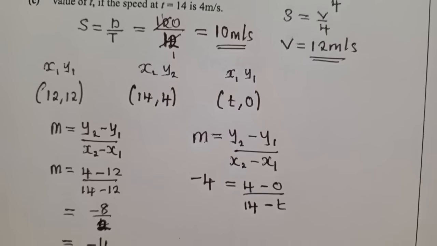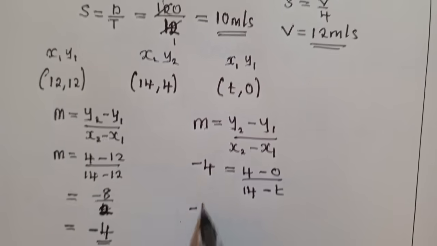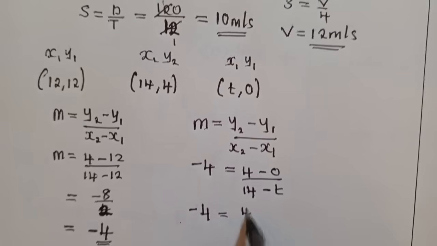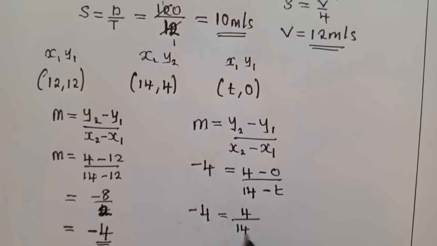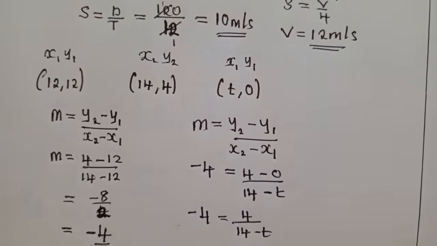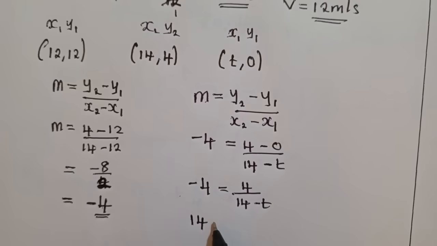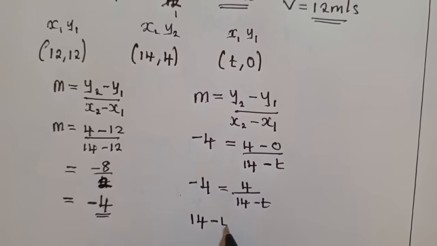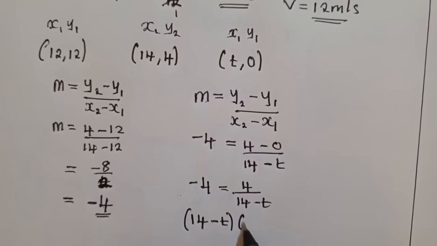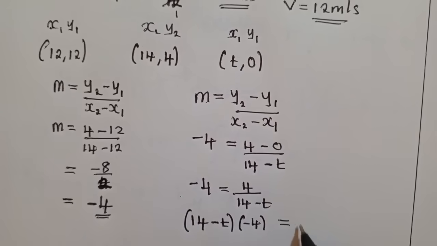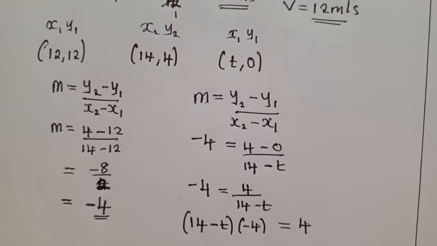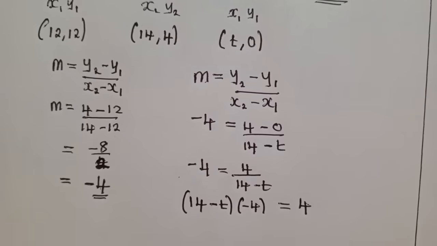Okay, so now we solve. So negative 4 is equal to 4 over 14 minus t. We can cross multiply, of which we are getting 14 minus t multiplied by negative 4 is equal to 4.